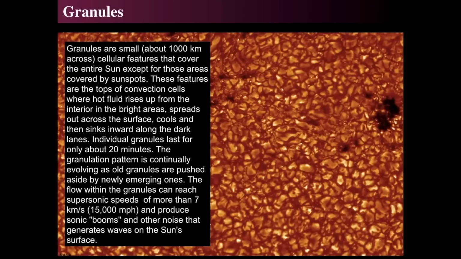They cover the entire surface of the sun except where sunspots exist. But remember, each individual granule lives for only about 20 minutes or so. So you have this structure on the sun that's about 1,000 kilometers across, that rises up, emits its light, cools off, and then descends back to the sun.